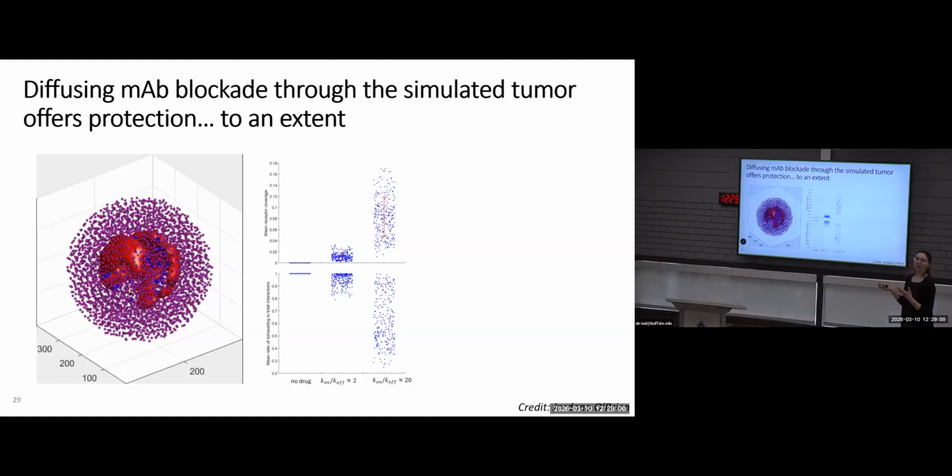One of the parameters we keep coming back to is this binding affinity parameter, the ratio of binding and unbinding. The ratio of K on to K off would be KD, our binding affinity.